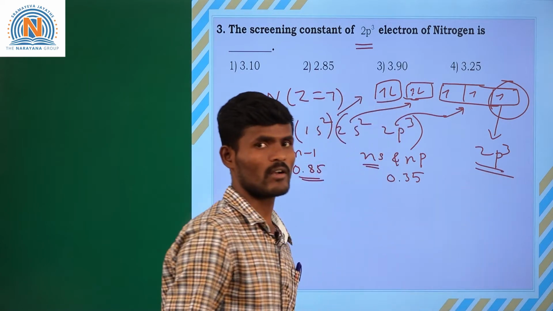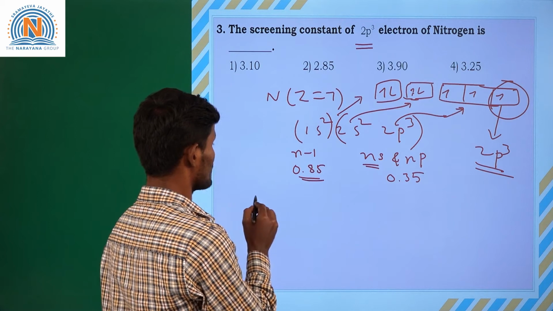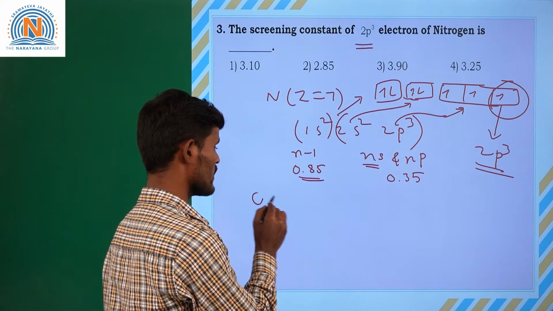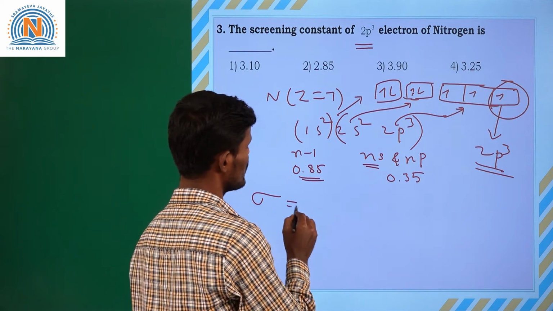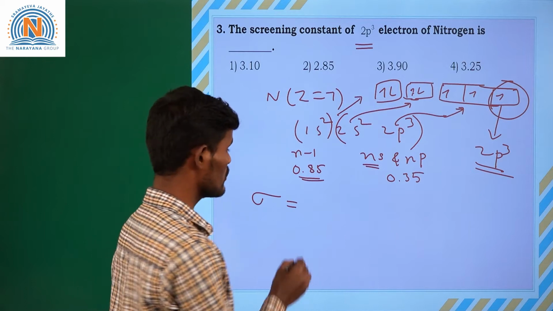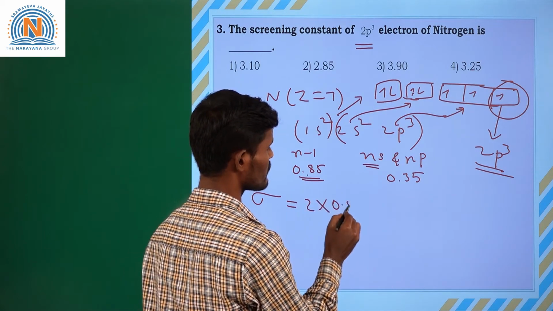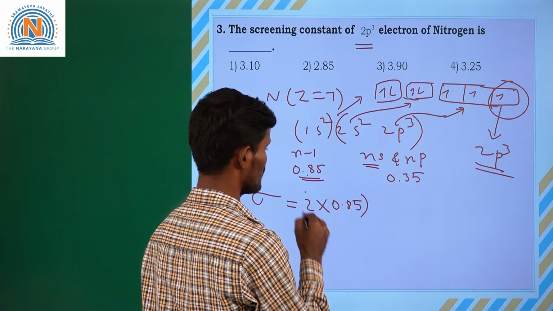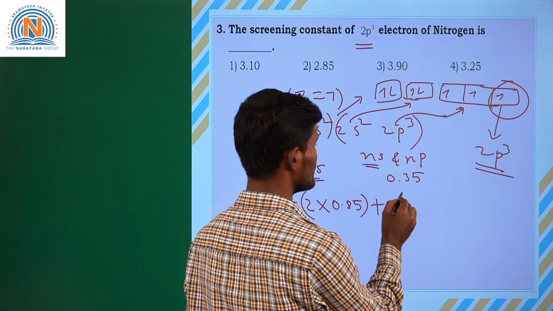Here the screening constant is represented by the letter sigma. Screening constant is equal to, in the first shell, how many electrons? 2 electrons. So 2 into 0.85, plus here we need to take these 4 electrons.